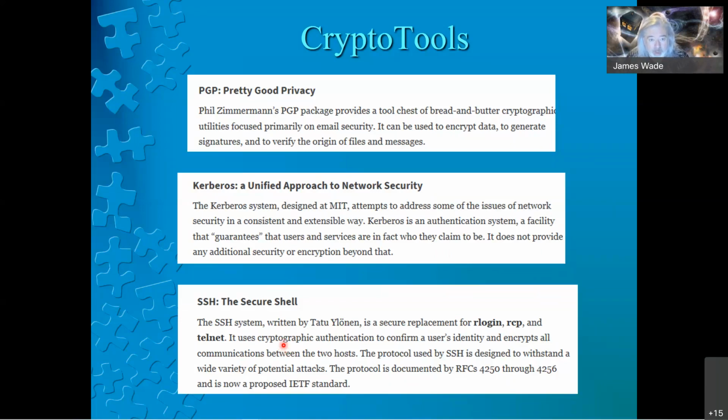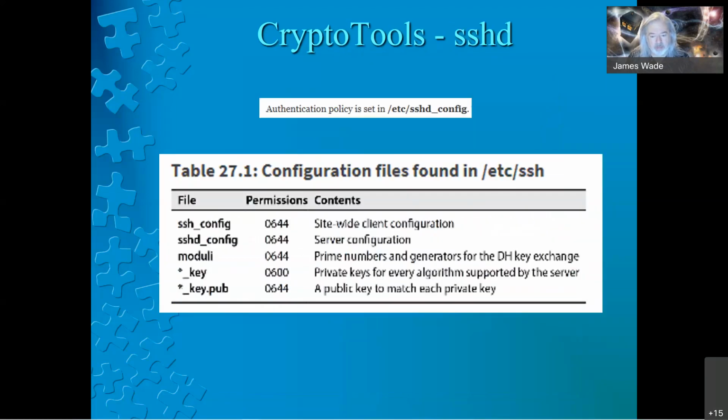So we would use RLogin, RCP, and Telnet. We didn't have to encrypt; we're in our own company. And then after the internet came out and you had external communication, they started disabling unencrypted services like RLogin, RCP, or Telnet. But it still amazes me that FTP is still out there and used quite a bit.